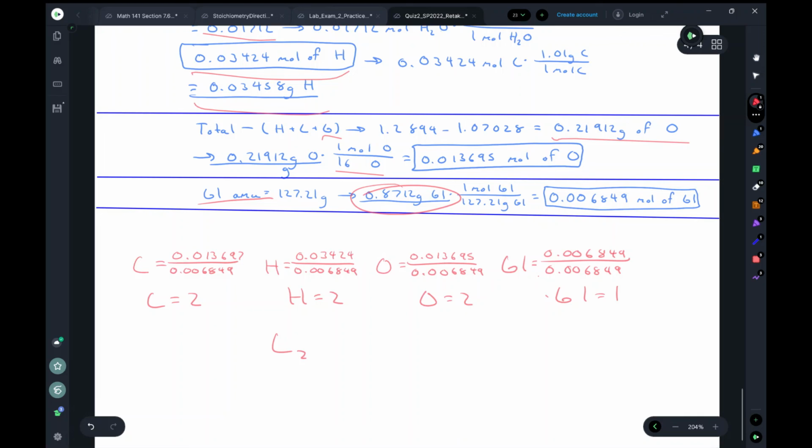Combining each of these together gives us the formula of 2 carbon, 5 hydrogen, 2 oxygen, and 1 glitterium. I could probably write that better. Thus finishing the problem.